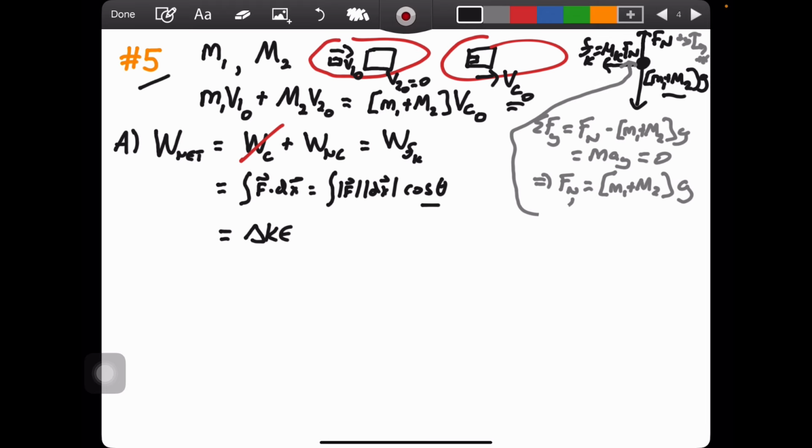But I just want to stop and say that the work net can be thought of as the work of conservative forces and the work of non-conservative forces. In this problem, the conservative force, gravity, does no work because it's perpendicular to displacement. So we're left with only non-conservative forces, which in this case is the work done by kinetic friction.